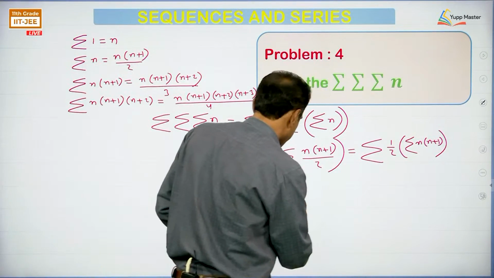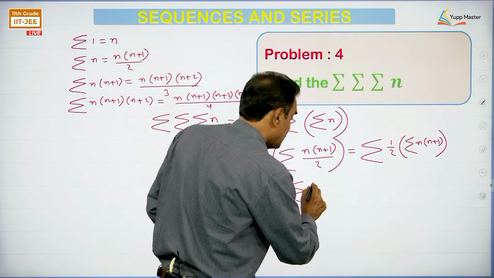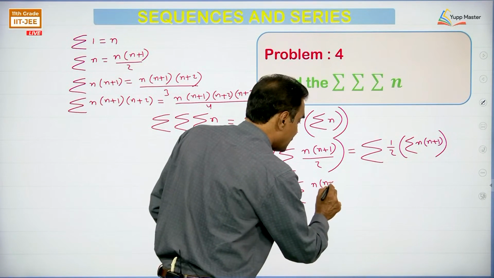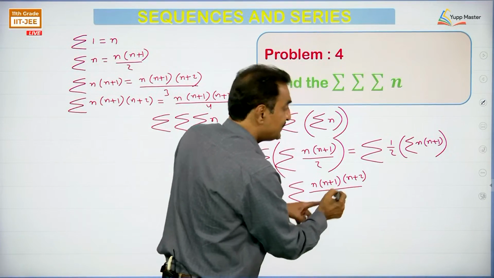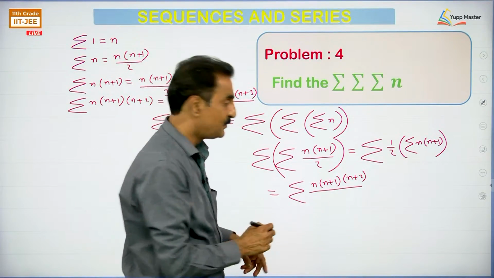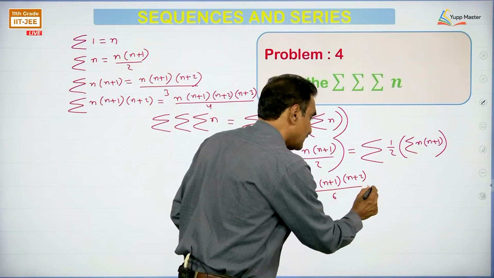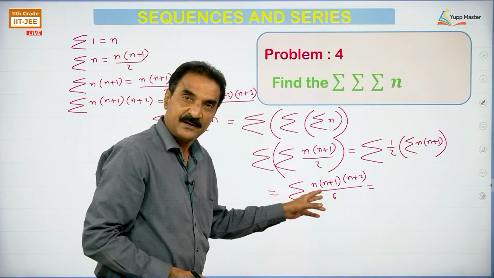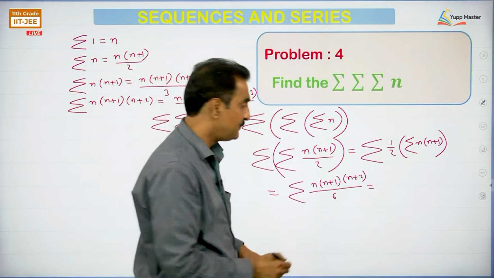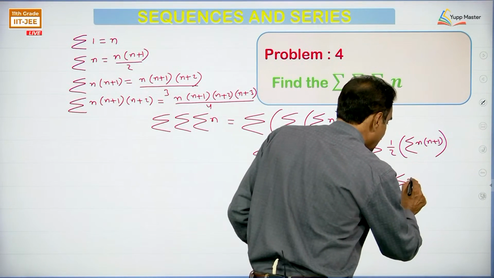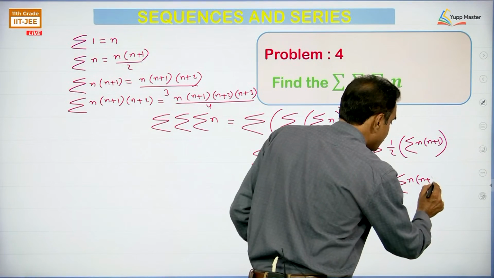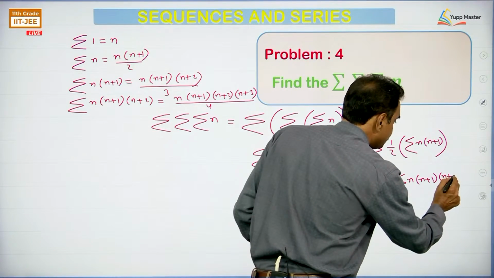So, it becomes sigma of n into n plus 1 into n plus 2 by 3, 3 into another 2 is there. So, by 6. Now, you can write this 1 by 6 outside sigma. 1 by 6 sigma n into n plus 1 into n plus 2.